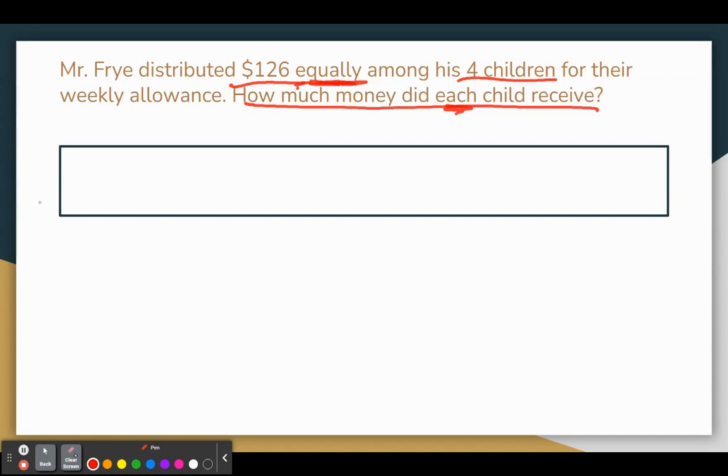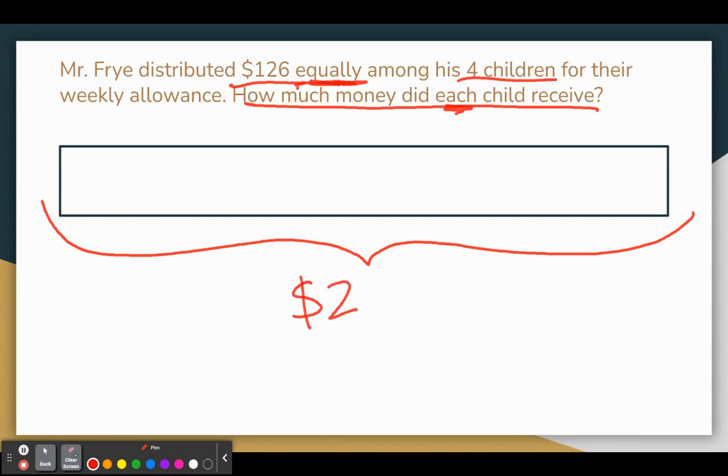So all together, we're going to go ahead and label this strip diagram. We have $126, right? And he distributed them equally among his 4 children. So I'm going to represent his 4 children by splitting my strip diagram into 4 equal pieces.